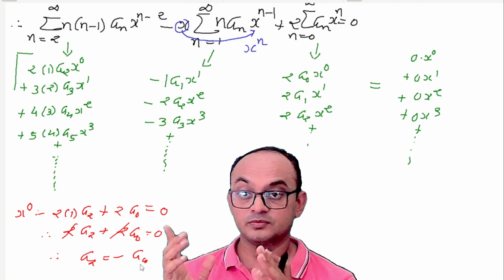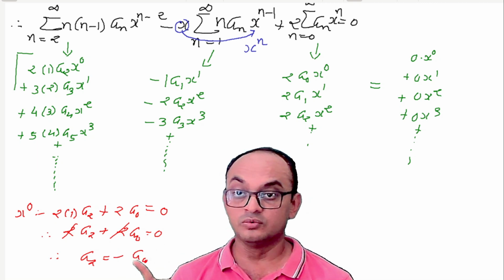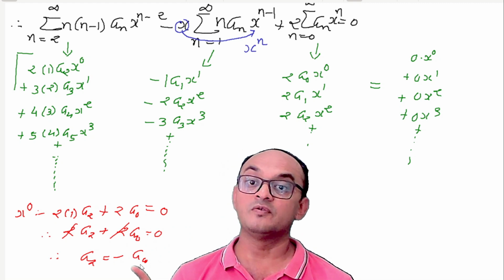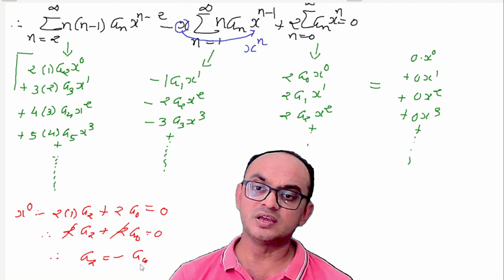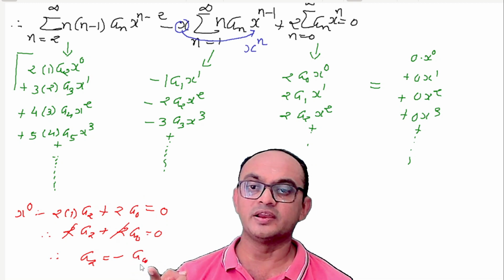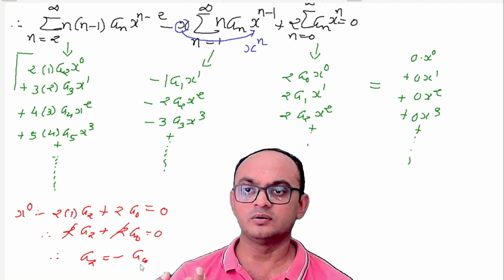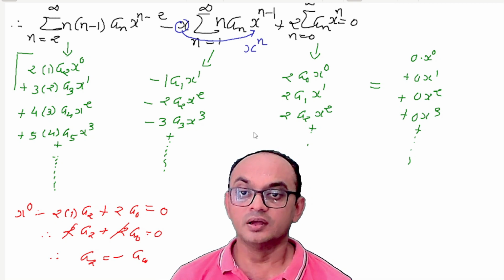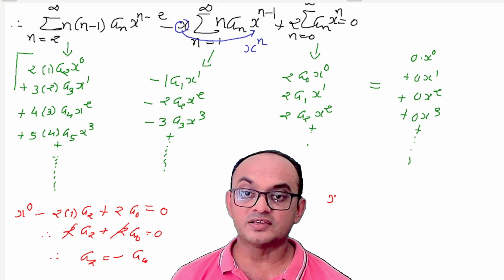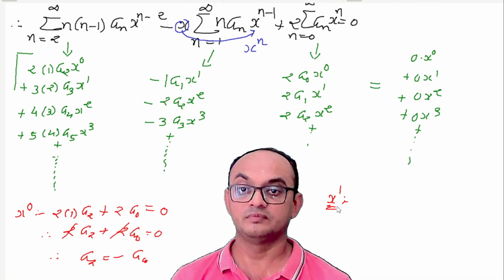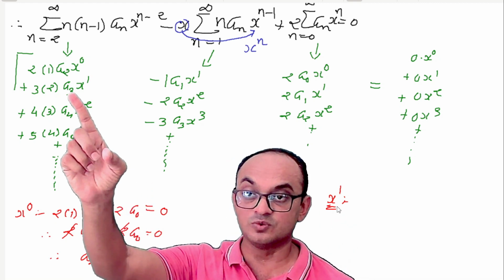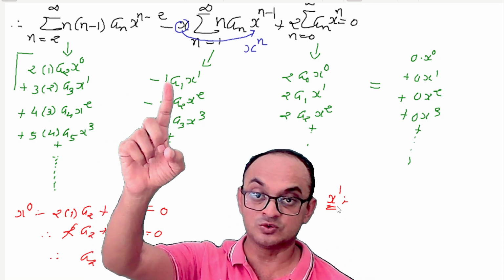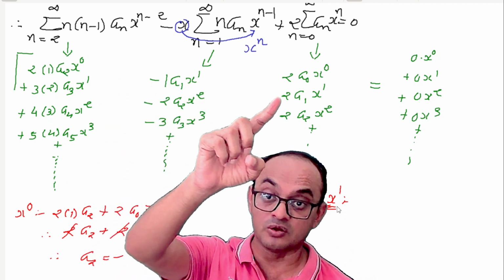Clear to you? So a2 in terms of a0. We need it in terms of a1 and a0, so you can say this is nothing but minus a0 plus 0 into a1. Nothing is wrong, right? Let us compare the coefficient of x raised to 1 here. X raised to 1 is here, x raised to 1 is here, x raised to 1 is here also.